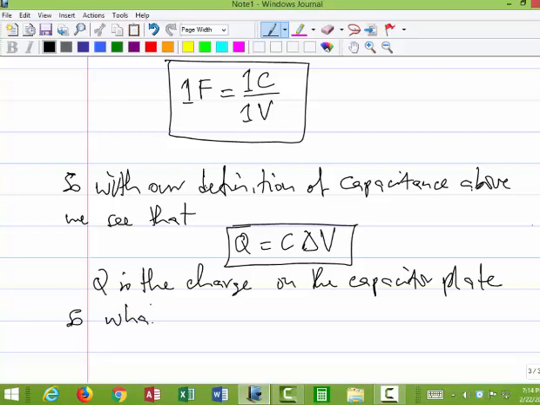So what is the nature of C, the capacitance?